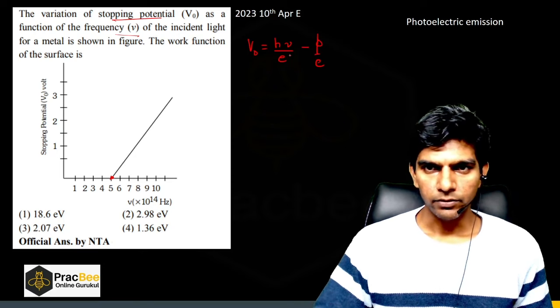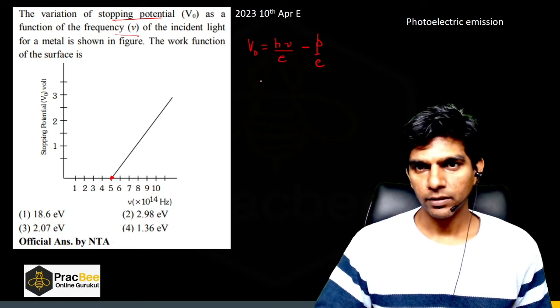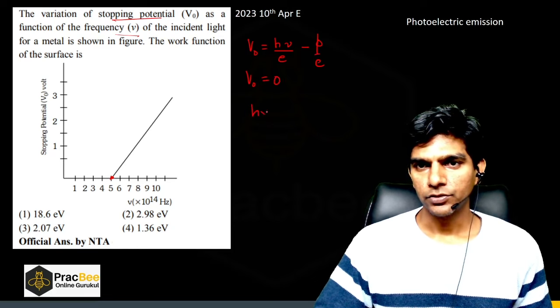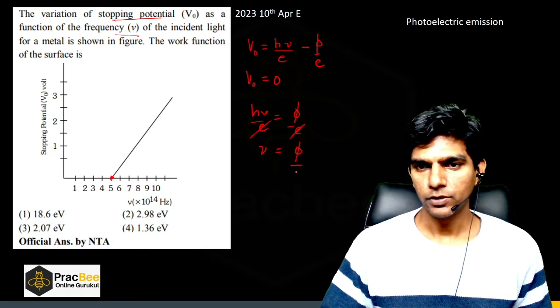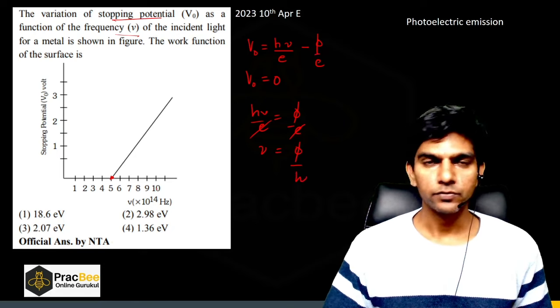So if V naught is 0, in that case, H nu by E is nothing but phi by E, or we can say this nu is nothing but the threshold frequency. And we have to calculate the work function.